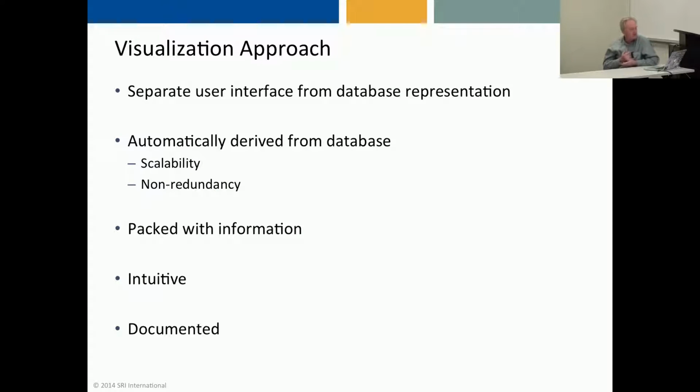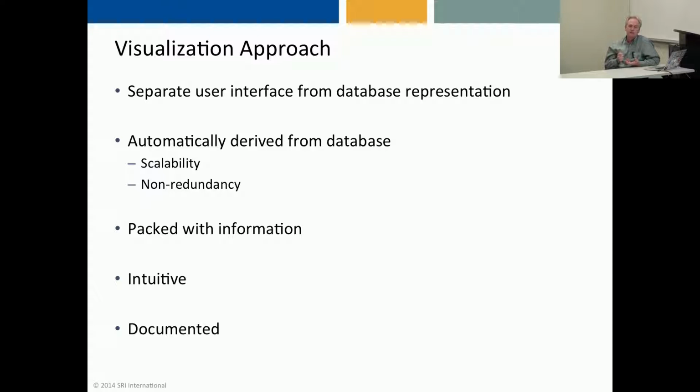So the overall approach we take to visualization is, first of all, we really want to separate the user interface from the underlying database. Database representations are designed for computers, not for people. So we've designed these visualizations to transform the information in the database into a form that people can digest very easily. So all our visualizations are automatically generated from the database. And that automatic generation gives us scalability so that people don't spend time creating these diagrams.